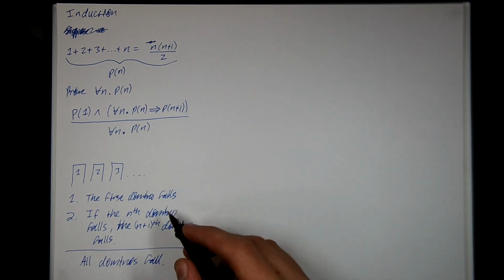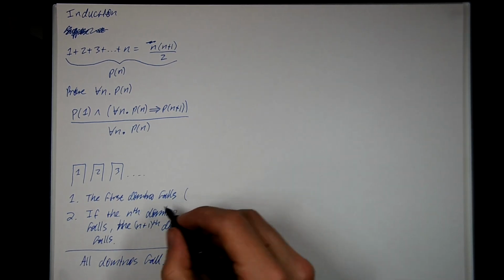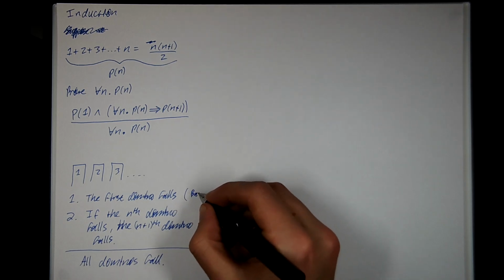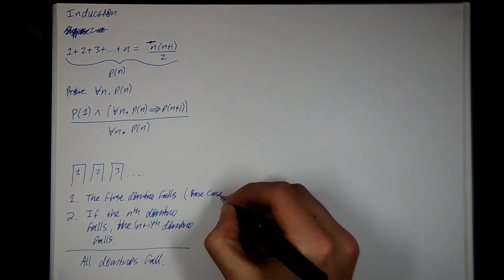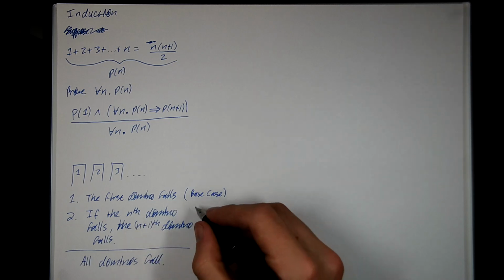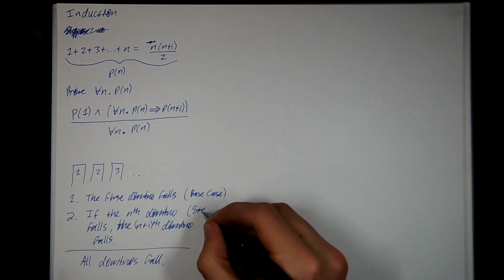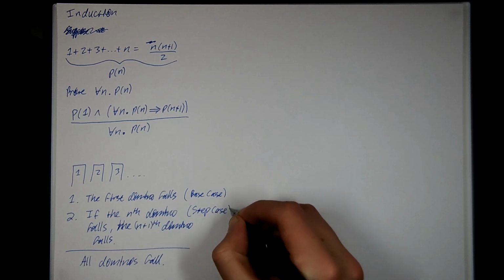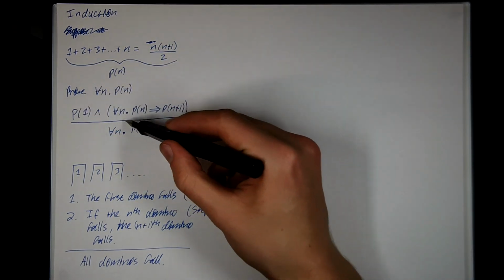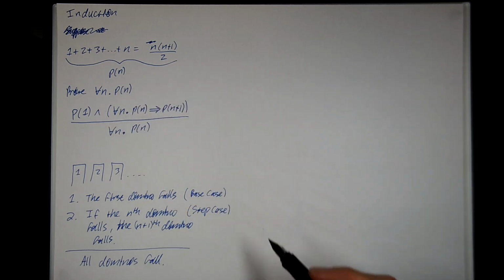So this is basically how induction works. Proving that the first domino falls is usually called the base case. Proving that if some domino falls, then it takes its neighbor with it, is usually called the step case. They correspond to the base case and the step case in the definition of induction.